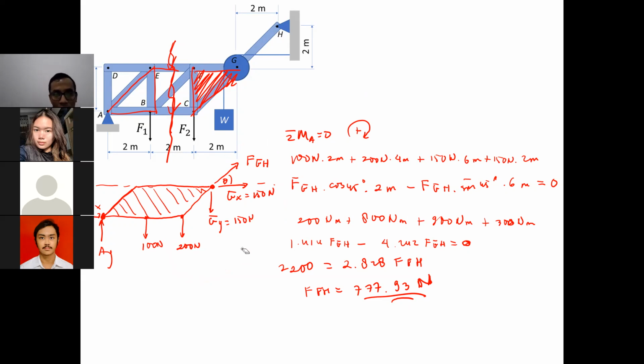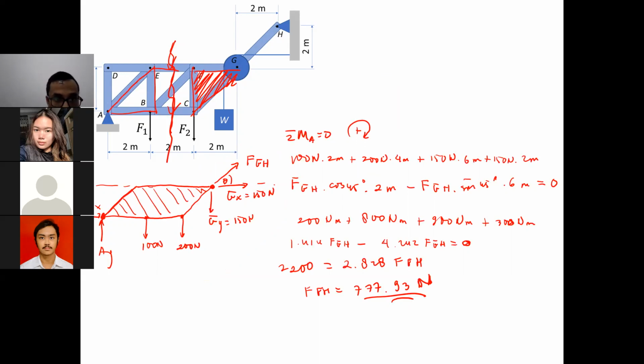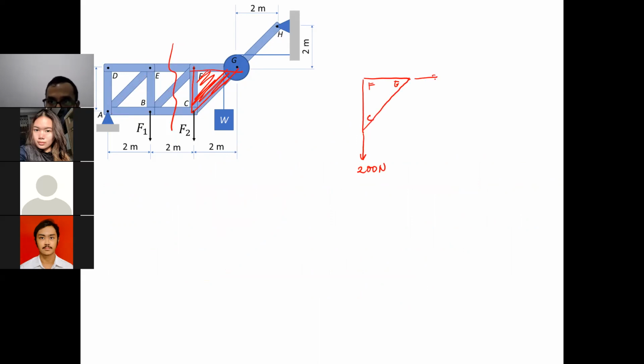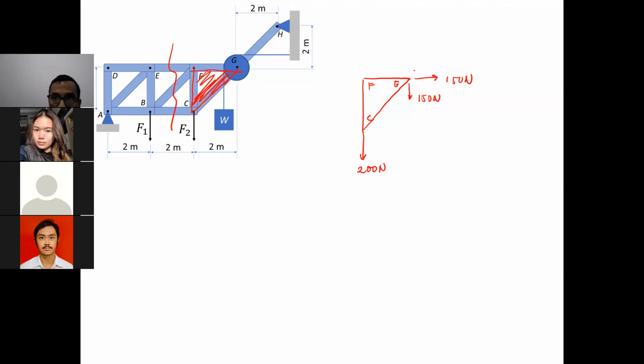So 200 Newton will be there, GX and GY will be there, FGH will be there as well. 200 Newton, GX and GY, this one is 150 Newton, and FGH is 777.93 Newton.